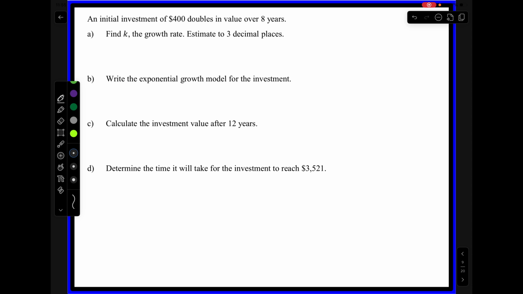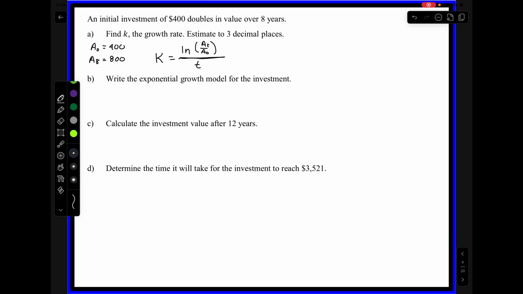K equals the natural log of the ratio of A of t over A of 0, and that number gets divided by the time. Since we're starting off with initially $400 and we're going to double it in 8 years, A of 8 is $800.